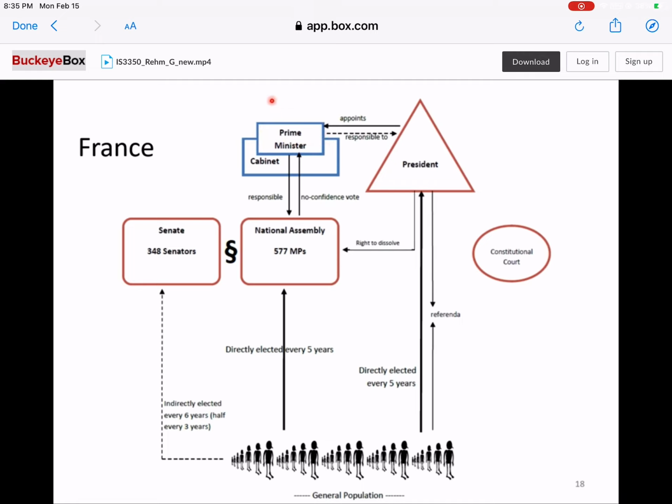Now, if this is the scenario, then the prime minister is actually quite powerful, because customarily what happened in this scenario is that the president concentrates on foreign policy and the prime minister concentrates on domestic policy, though that's more of a norm than a rule.